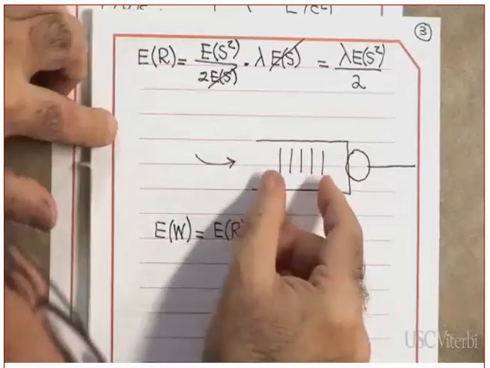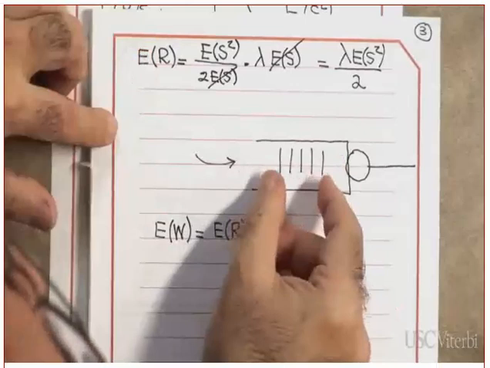What is lambda E of S? Rho is equal to lambda E of S. So I bring this one to this side, and I end up with E of W equal to E of R divided by 1 minus rho. Yes? This is equation 1.